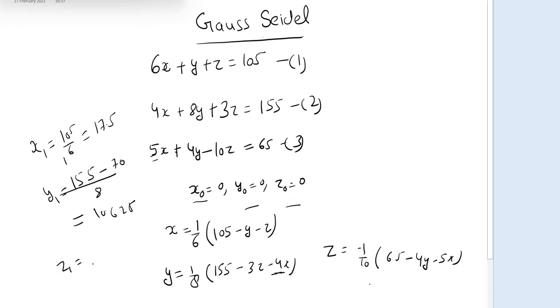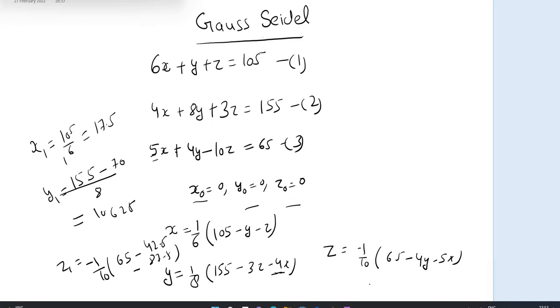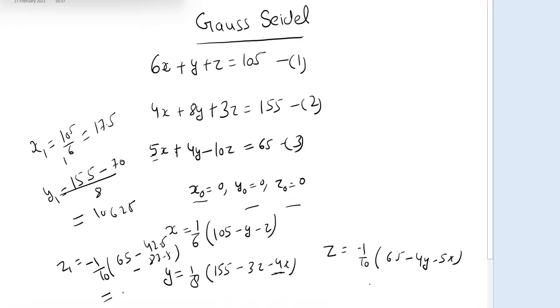Then we find z1. To get the value of z1, we use the values of x1 and y1, and it comes out to be 65 minus 4 into 10.625, which is 42.5, and minus 87.5, and the value is minus 6.5.